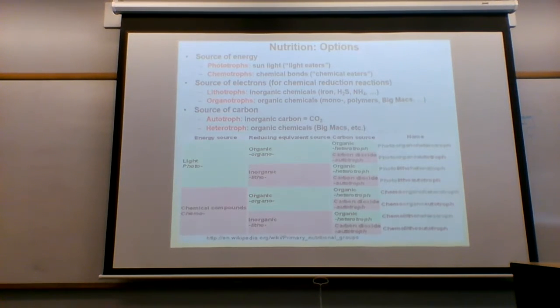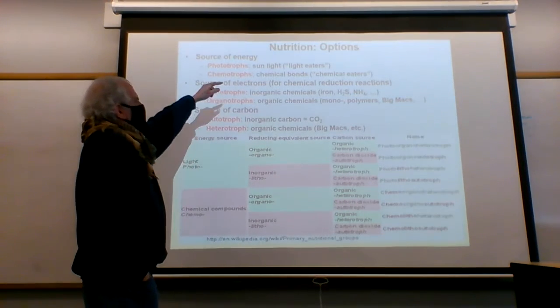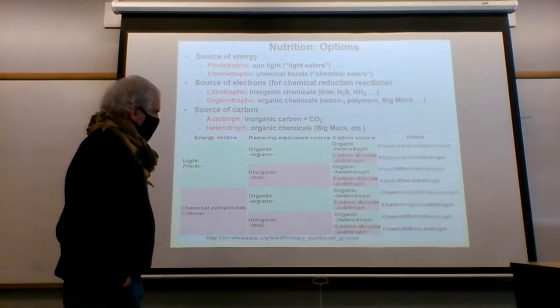Plants will chew on bugs if you're a carnivorous plant, but not very many are. But they're probably getting the nitrogen that way. Plants get their carbon by pulling in carbon dioxide. Bacteria do the same thing. And then we again have the heterotrophs, they're pulling in the carbon from the organic chemicals.